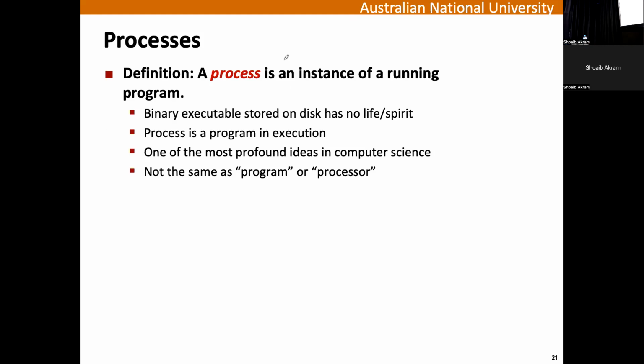It's really dead. It's not doing anything. It's just laying there. When we give this binary executable some life spirit, it becomes a process. So a process is an executable that is actually running.